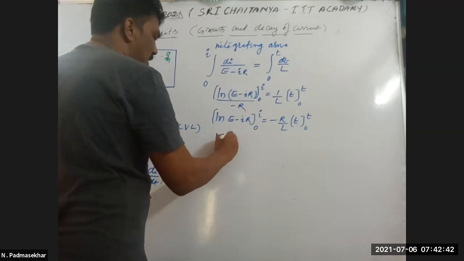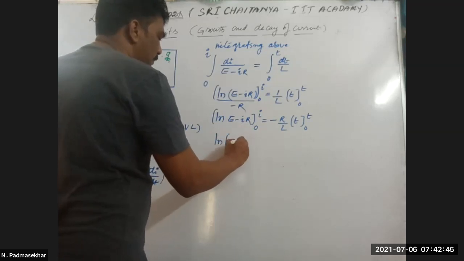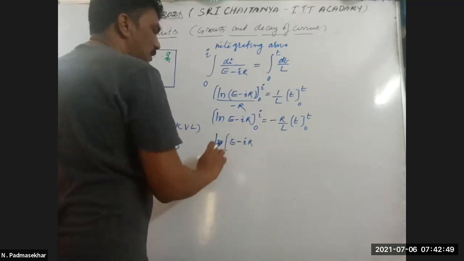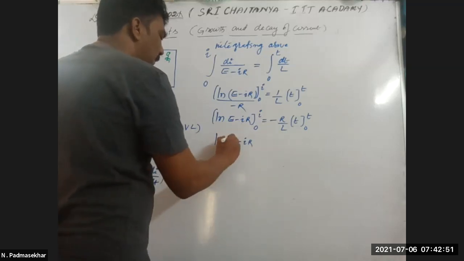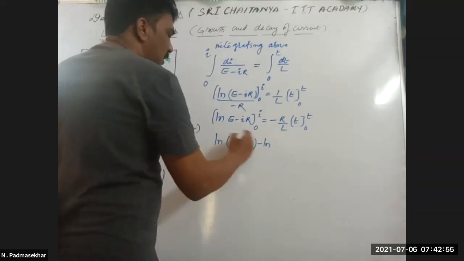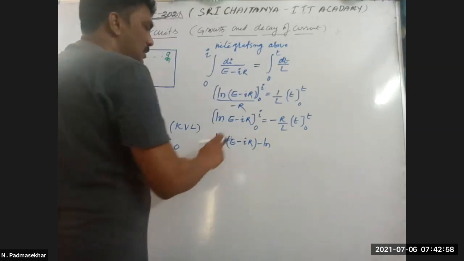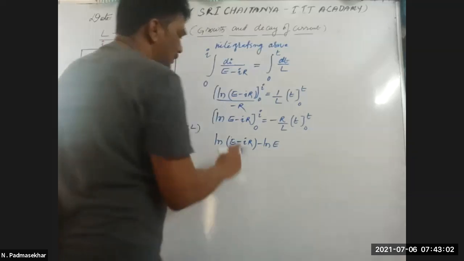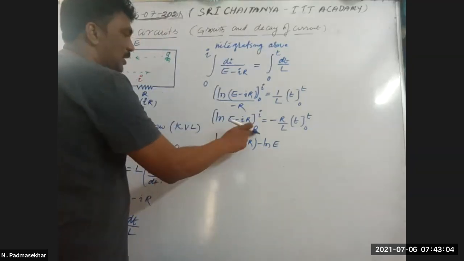That is ln(E − IR) minus ln E, since at the lower limit I is equal to 0. So put I is equal to I, and I is equal to 0.